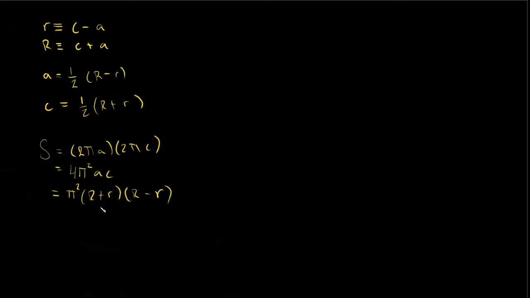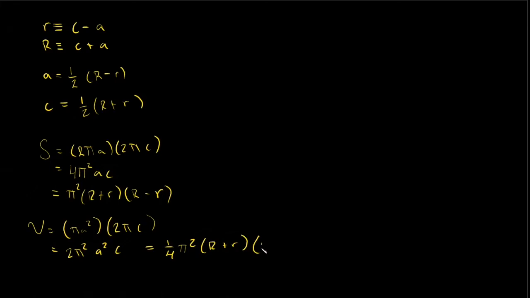And the volume can be computed by Pappus's centroid theorem. It becomes V equals (pi a squared)(2 pi c), which simplifies to 2 pi squared a squared c, which is 1/4 pi squared (R plus r)(R minus r) squared.